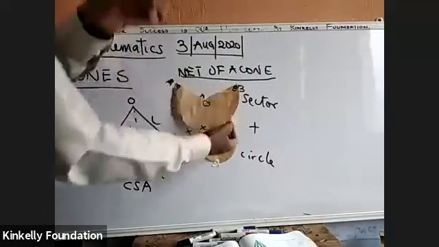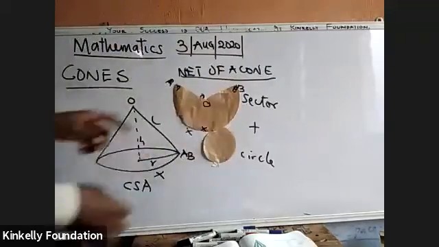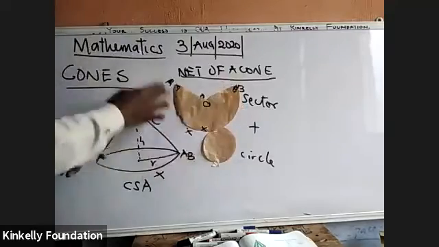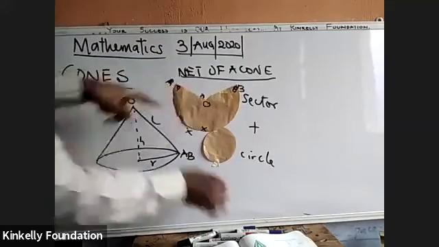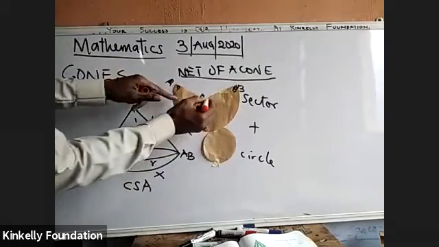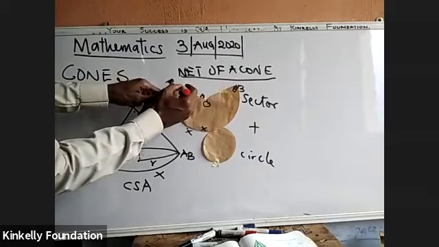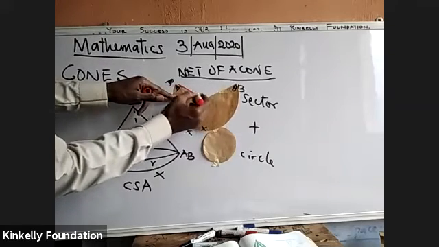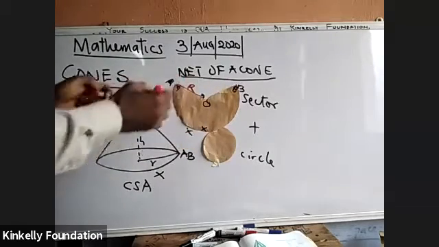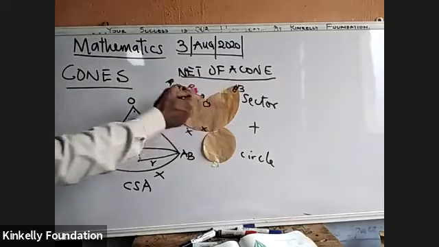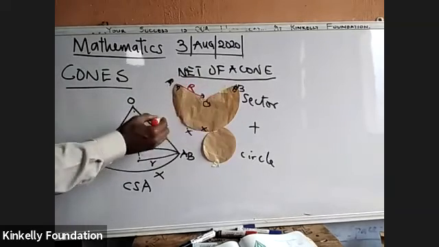Now, what you need to also note is that the radius of this sector is this length from here to here. Let us mark it. This is our radius. Now, do you know that when you fold this, this side becomes this one?